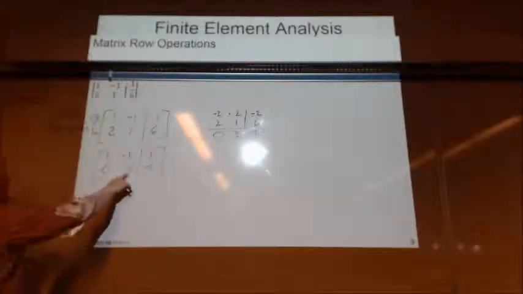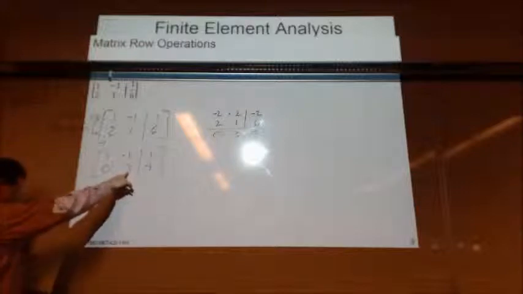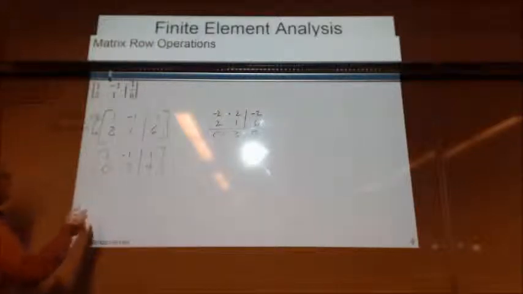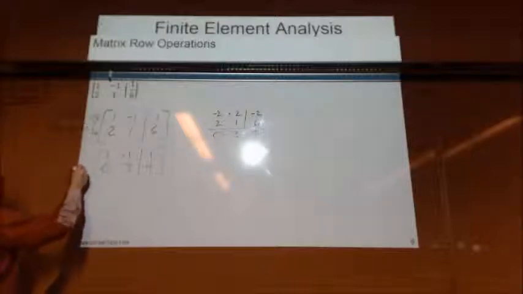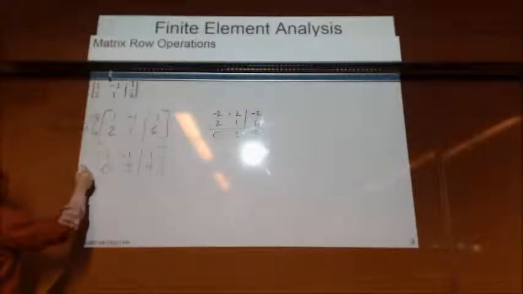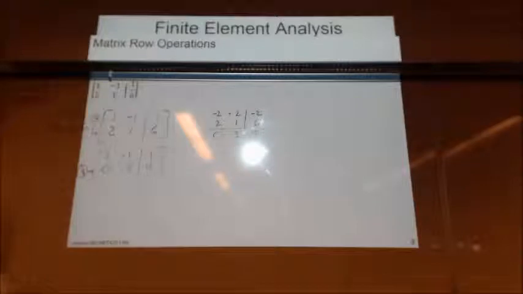Okay. So now we want this to become a 1. So we're going to use rule number 2 and multiply that row by 1/3.